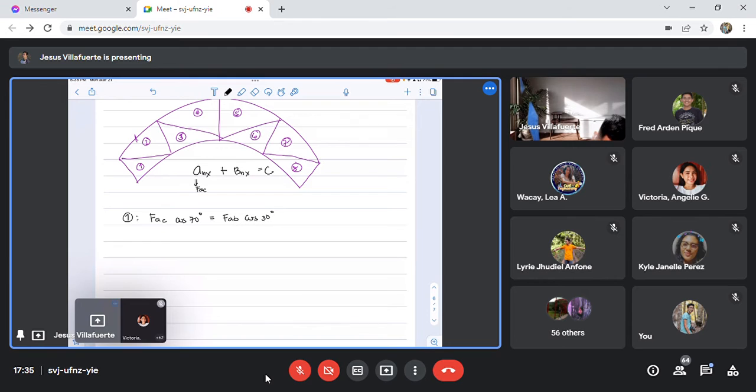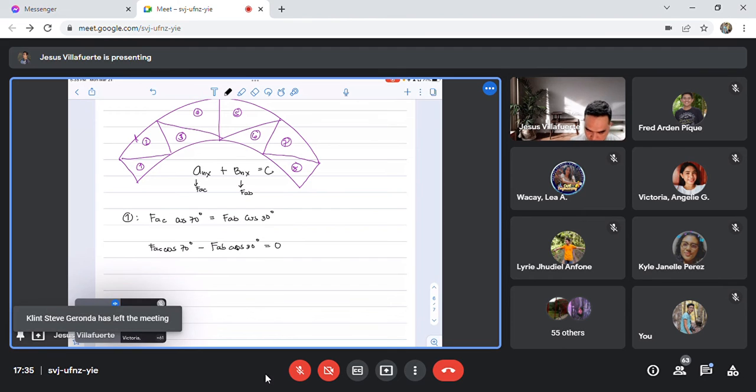I'm assuming that A is FAC and B is FAB. So this is FAC cosine 70 plus, this becomes minus because I transposed, FAB cos 30 is equal to 0. So my coefficient is cos 70 for A, negative cos 30 for B, and C is equal to 0.